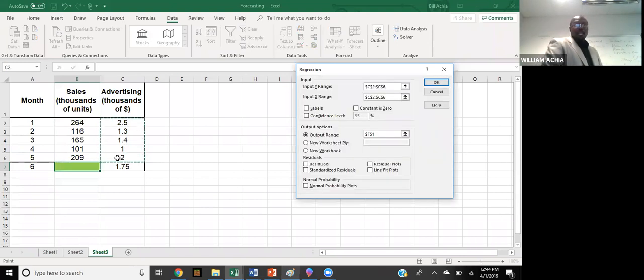All right, and then let's put an output where it says output range. Click somewhere. F1 should be fine. F1 means that your output's going to be populated right there. So do I need anything else here? No, I don't think I do.